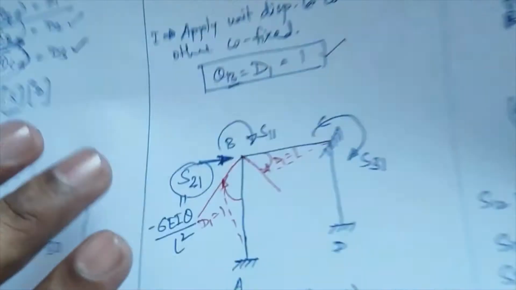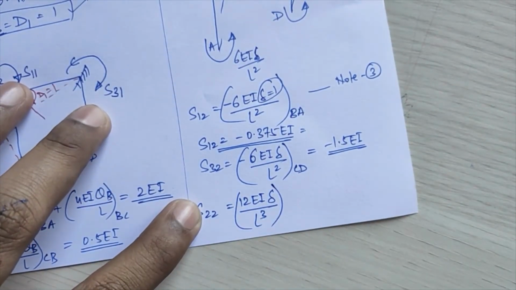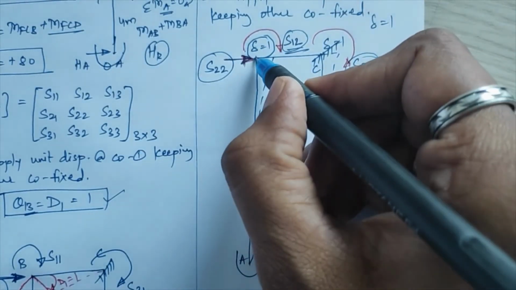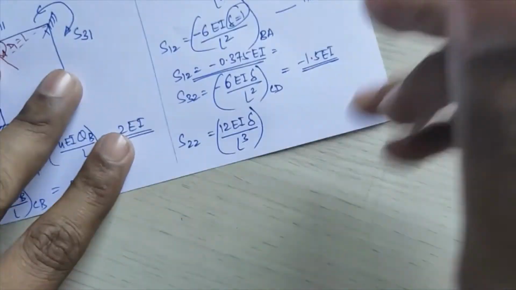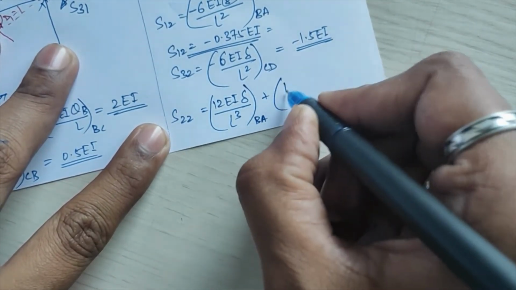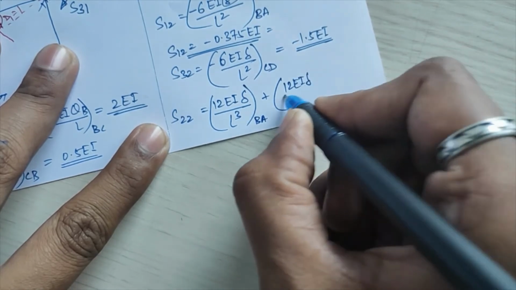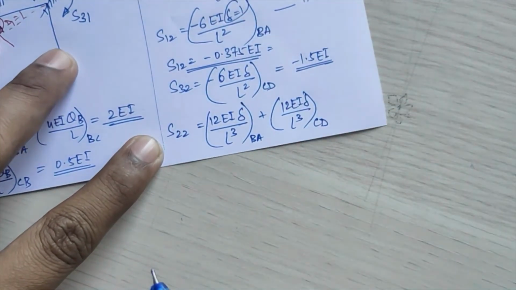So this translational displacement, 12 EI delta upon L cube, will emerge at joint B and at joint C also. That means 12 EI delta upon L cube for member BA, and plus 12 EI delta upon L cube for member CD.